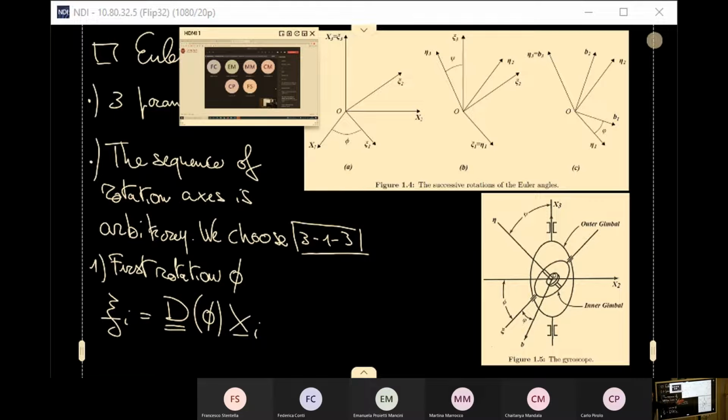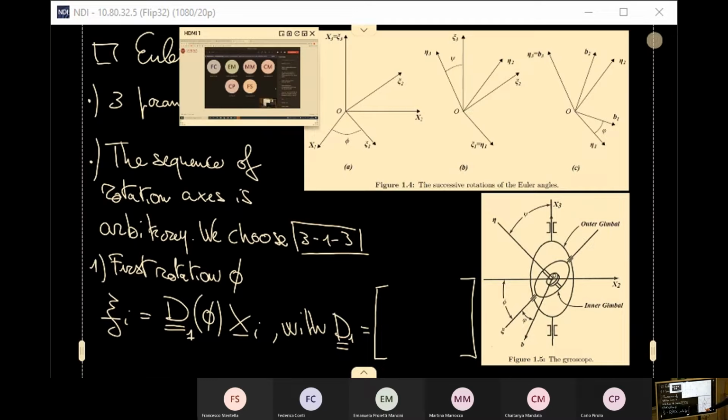Well, I think it's quite straightforward to know how this d is actually structured, no? We will call this, for example, d1, because it's the first rotation. So d1 has a very simple structure.